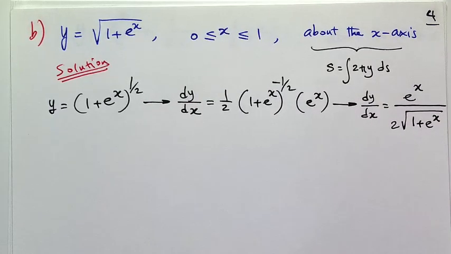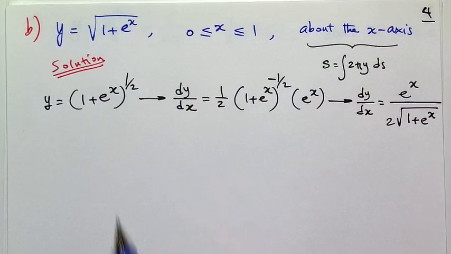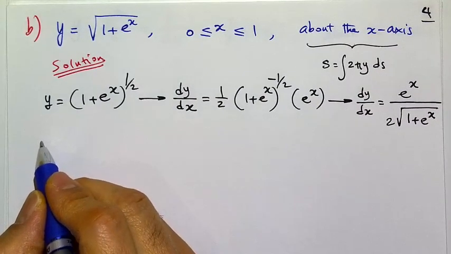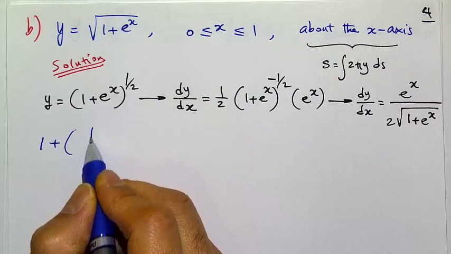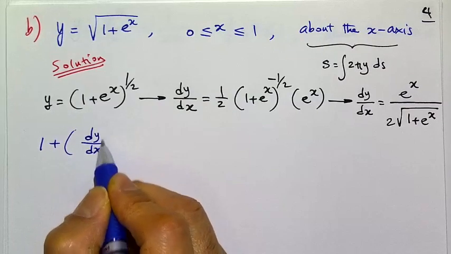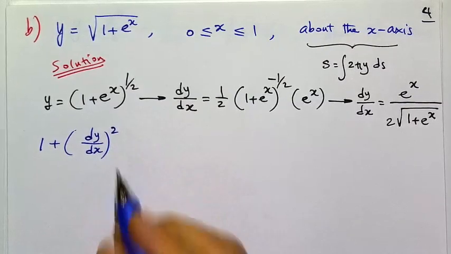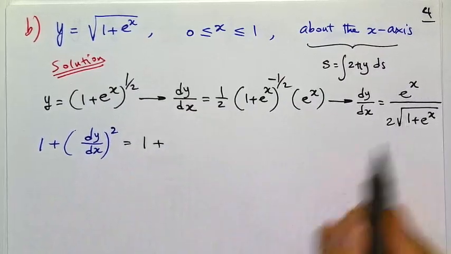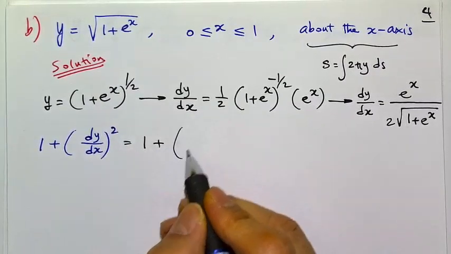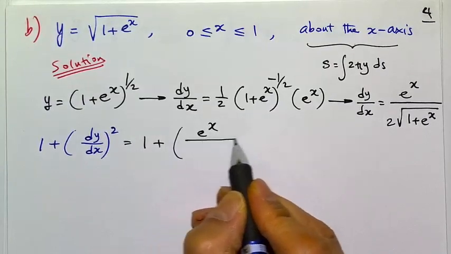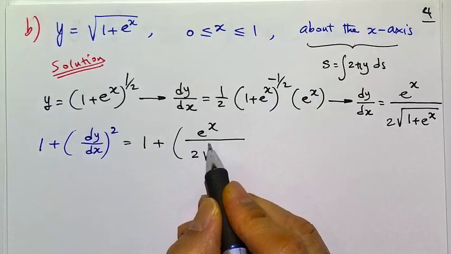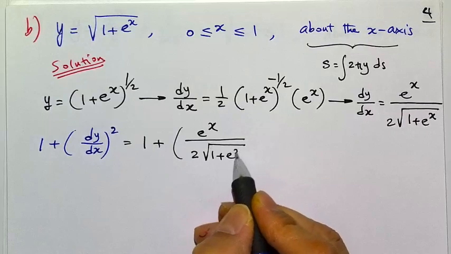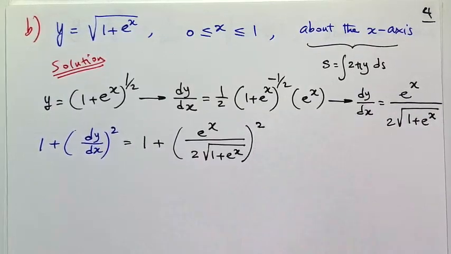Okay, so now let's calculate 1 plus (dy/dx) squared. So that will be 1 plus all of that squared.